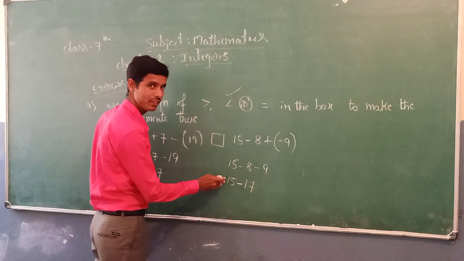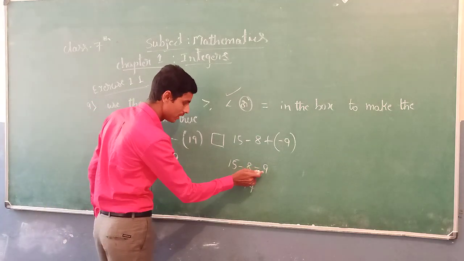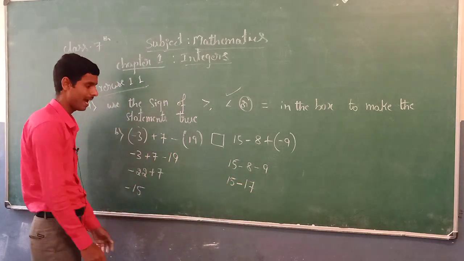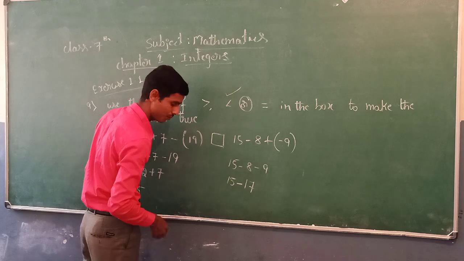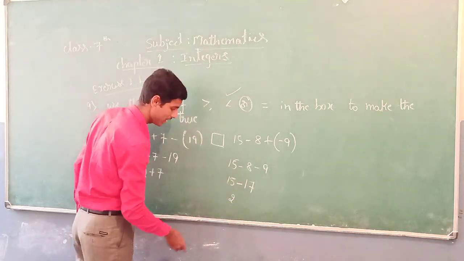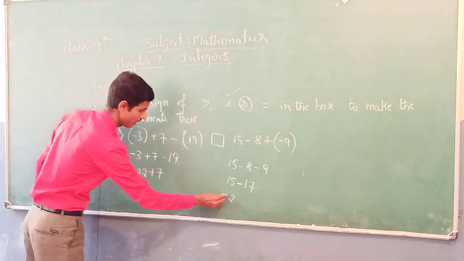So 15 has a plus sign and 17 has a minus sign. Therefore, we will subtract: 17 minus 15 is 2, and since 17 has the minus sign, we will put minus.